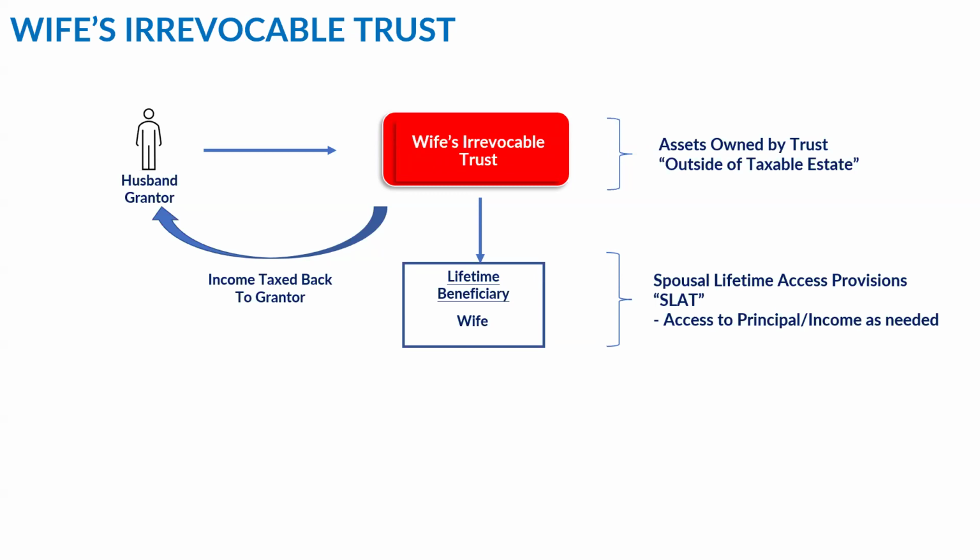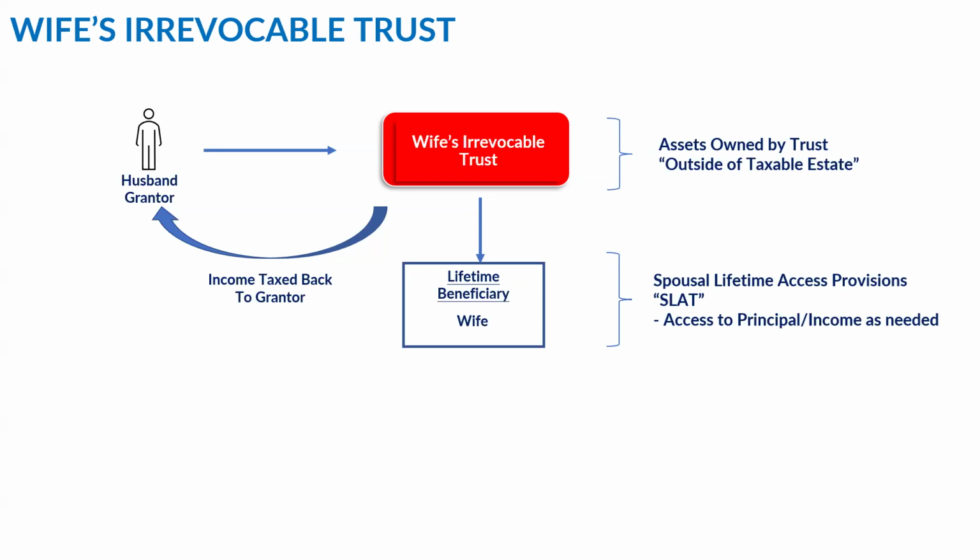What I like about this, we're getting assets out of the estate, but what if we need more lifetime benefit? What if, in this case, the wife needs access to that money during her life because we had an implosion of asset values in the estate? We've lost access to cash flow, whatever it is.